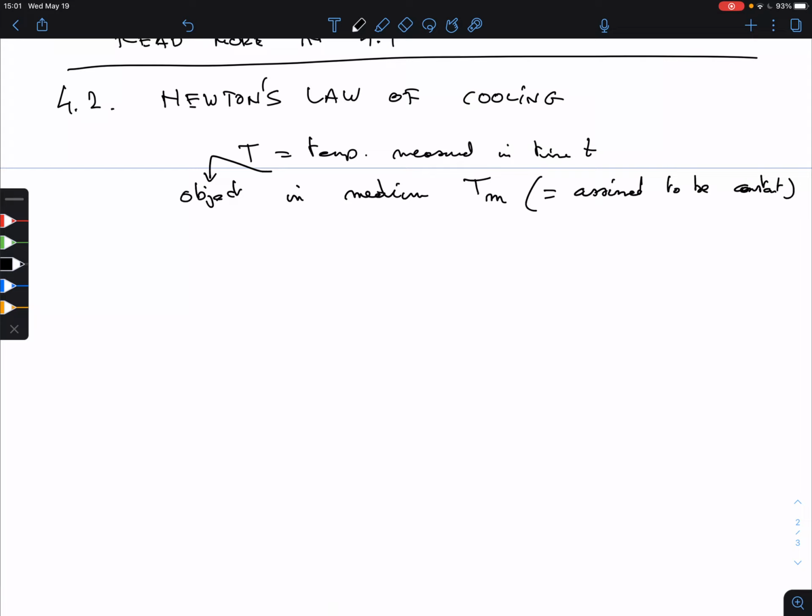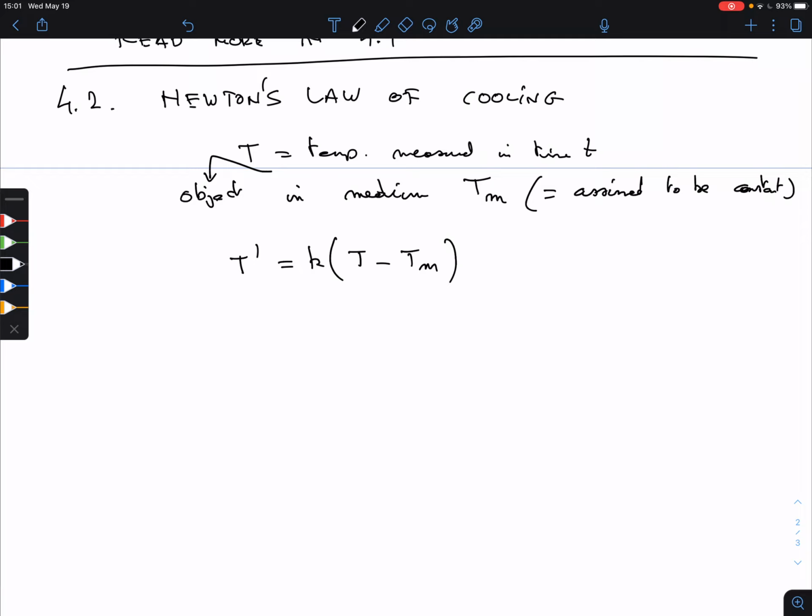And of course, in the beginning, there is a difference in temperature. Okay, and we also have the rate at which the object changes temperature, and strangely enough, what seems to happen is that it is proportional. The rate at which something cools down is proportional to the difference of temperature, right?